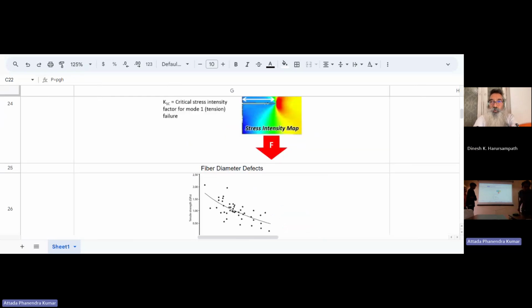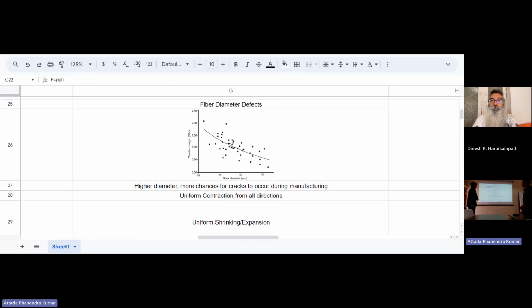And below we have fiber diameter defects. So this is a graph we discussed in class extensively. We're talking about fiber diameter, the tensile strength, and that curve that occurs. Now, this is not what would occur in the most ideal setting. But as we increase diameter, there are more chances for cracks to occur during the manufacturing process.